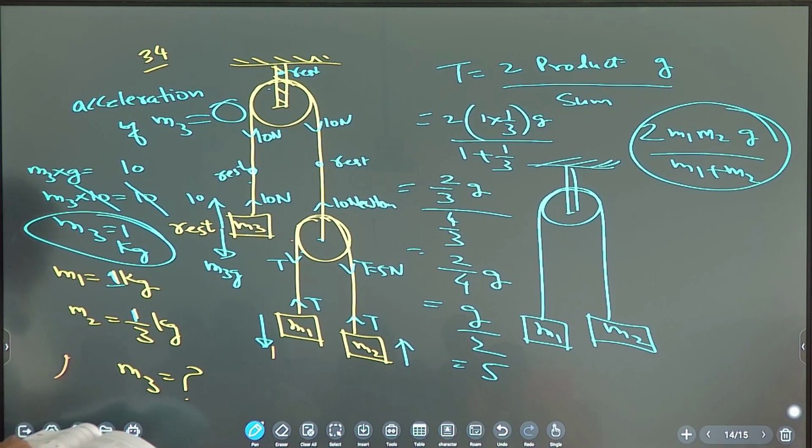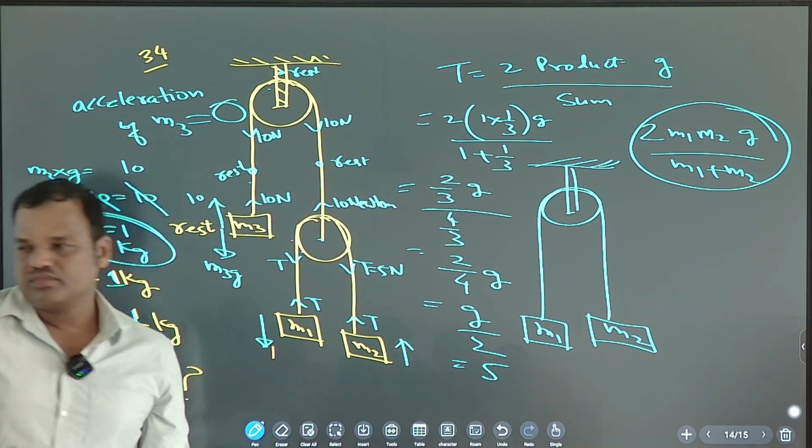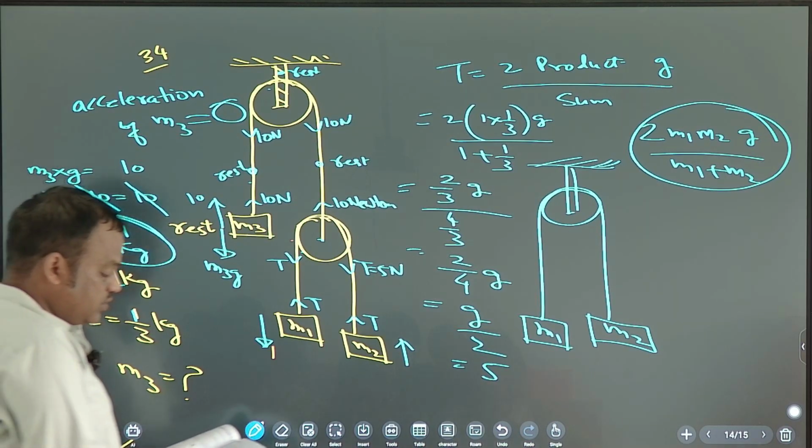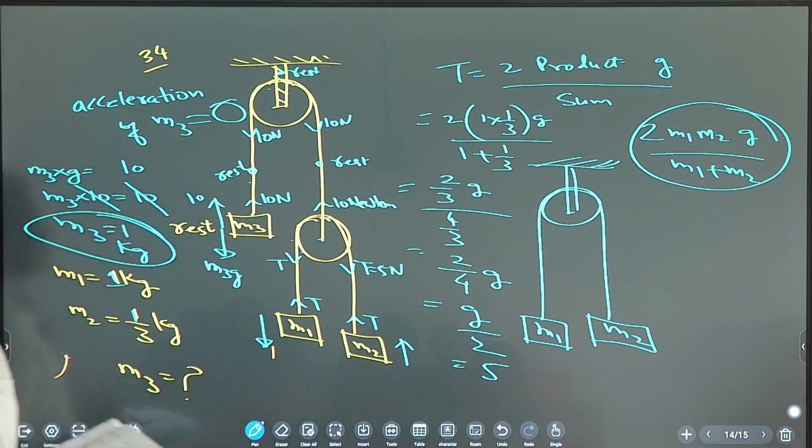Now we have 2 more, 37 and 43. You want to try 37? If you have any question, any doubt, you ask.